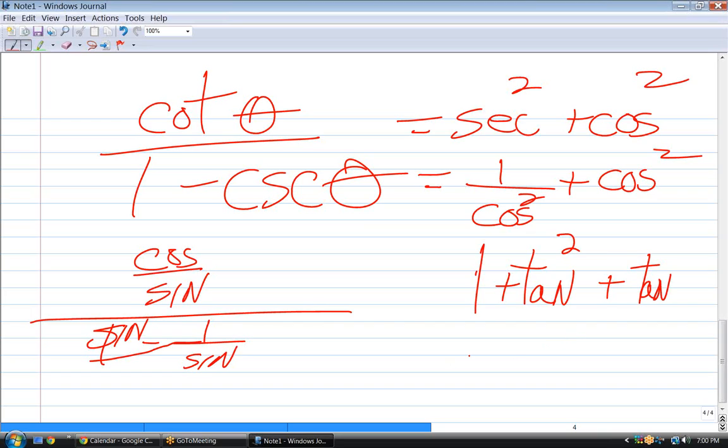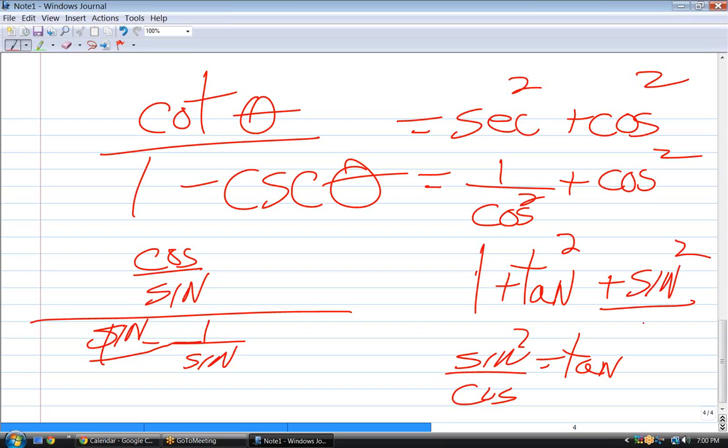Let's see. Sine squared over cosine squared equals tangent squared. So cosine squared is sine squared divided by tangent squared. So I could do this. Now, how is that on the right equal to that on the left? That is the question.